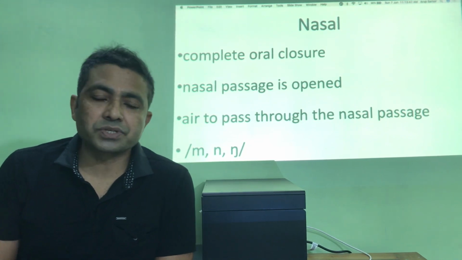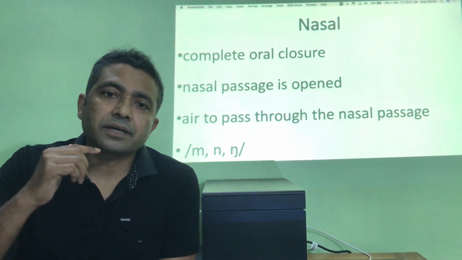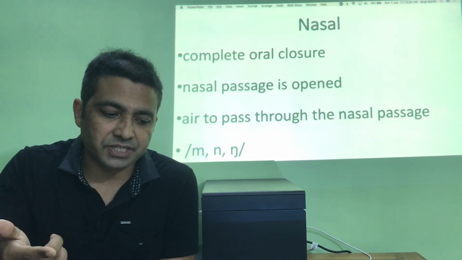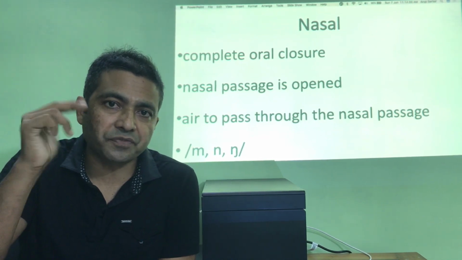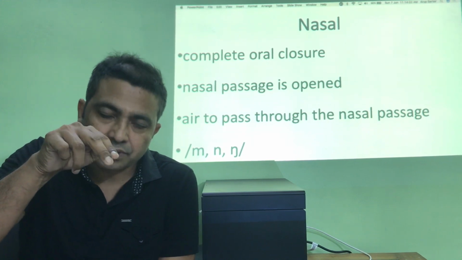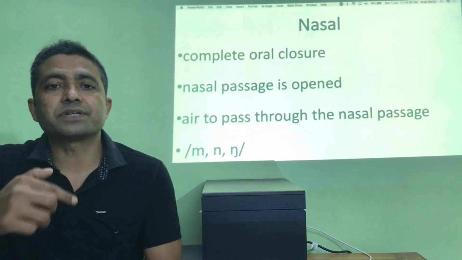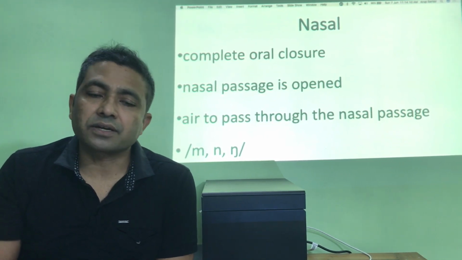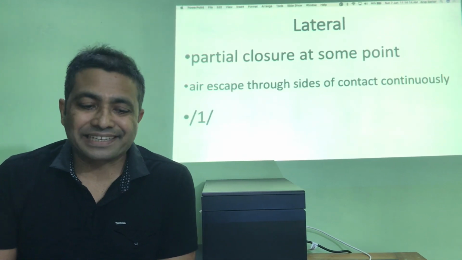Nasal sounds are those sounds during the production of which the air simultaneously comes through the nose, the nasal passage. The velum or the soft palate comes down so that the nasal passage is open and the air continuously comes out through the nasal passage. They are called nasal sounds. Ma, na, nga.